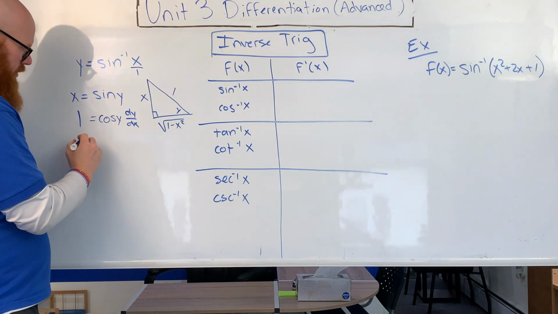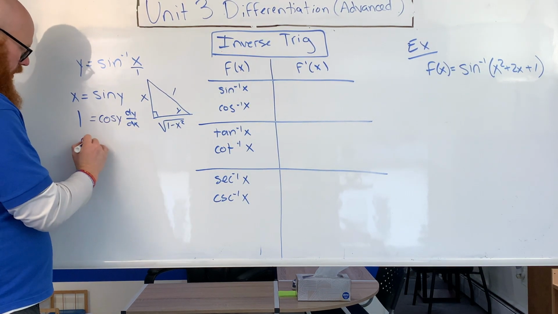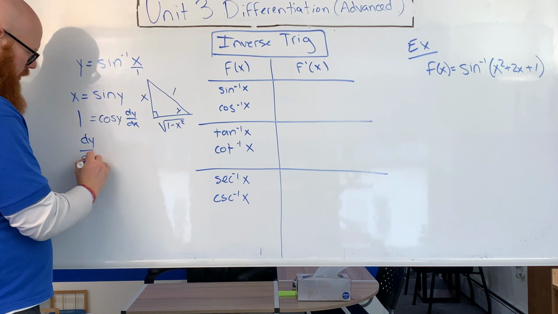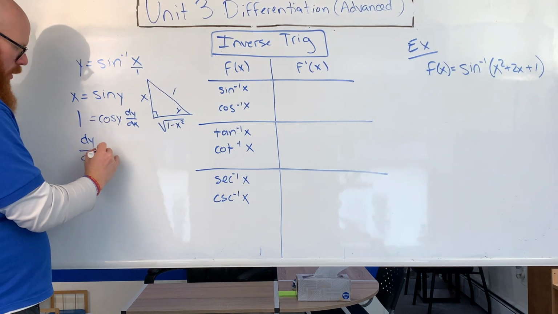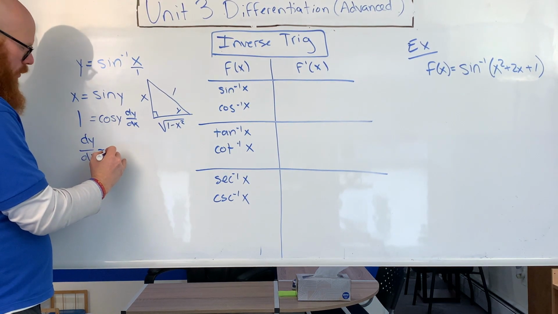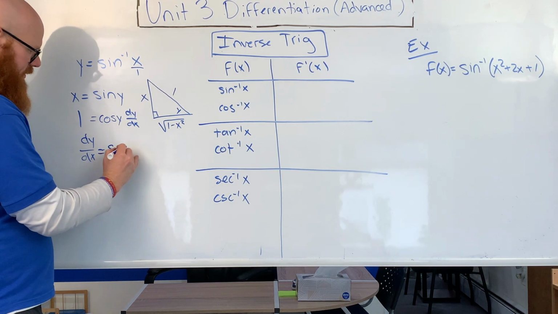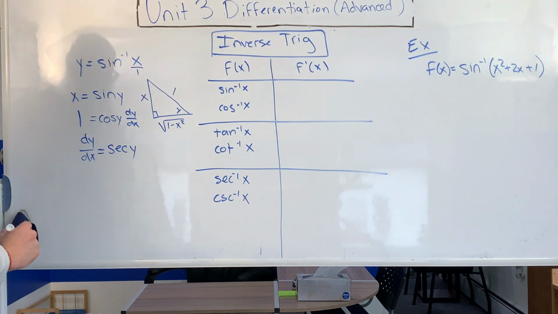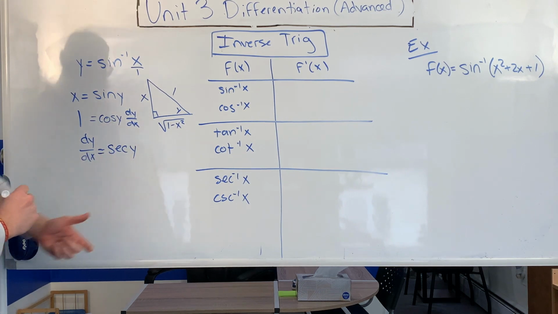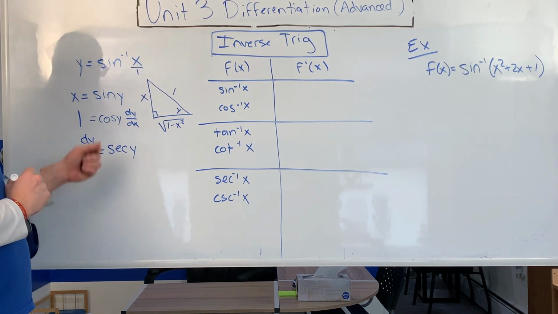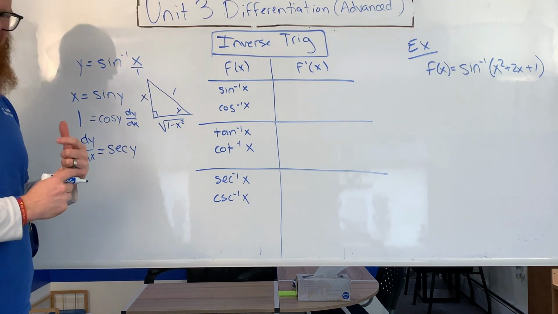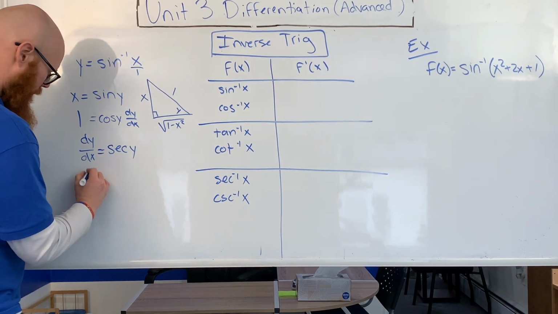Divide each side by cosine y. So dy dx is 1 divided by cosine y. Well, 1 divided by cosine y is the secant of y. But I don't really want it in terms of y. I want it in terms of the independent variable x. So now I'm going to go back to the triangle.